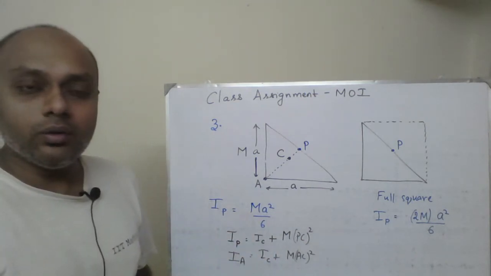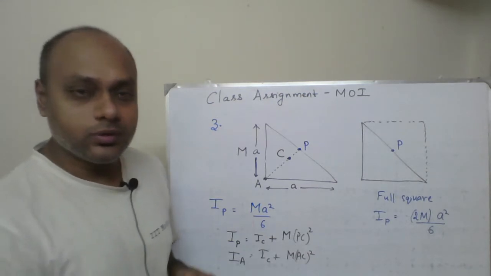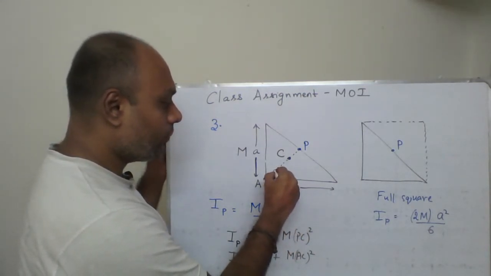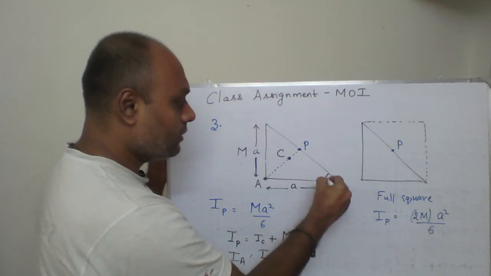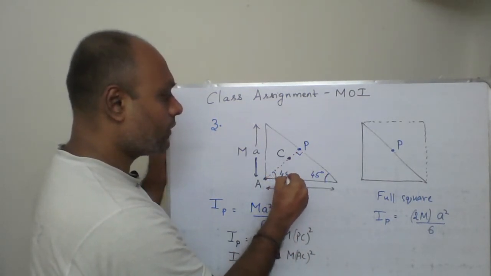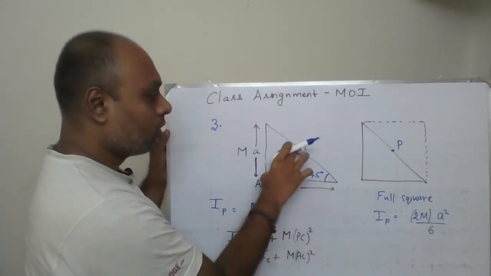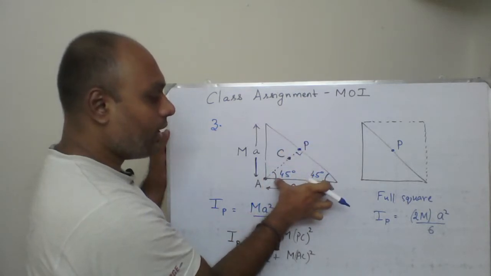Now how do we find out AP length? You know that this side is A, this is an isosceles triangle, so this is 45 degrees and this is 90 here, so this will also be 45. Now if you consider this triangle, this side is A, so AP will become A cos 45.